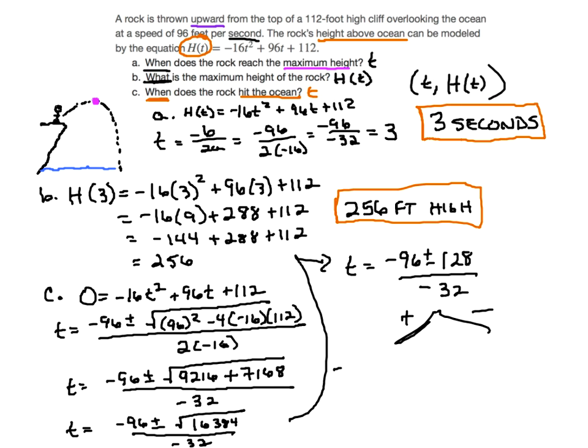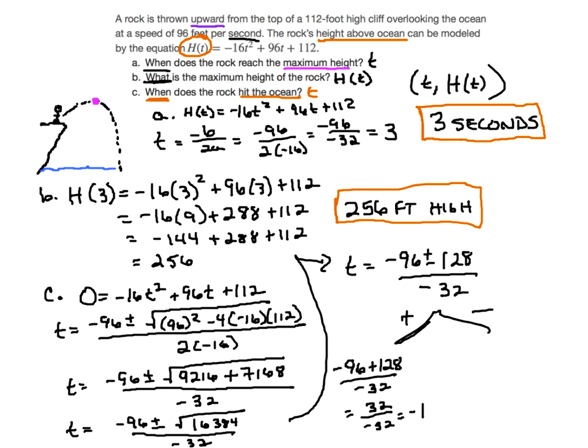Now we have a plus and a minus. So I have negative 96 plus 128 over negative 32. 128 minus 96 is positive 32, so this is 32 over negative 32, which is negative 1.